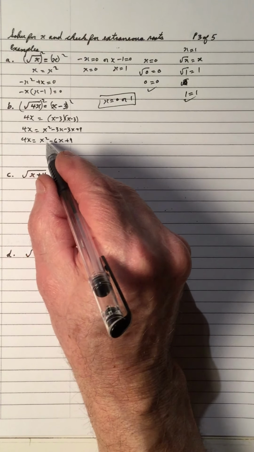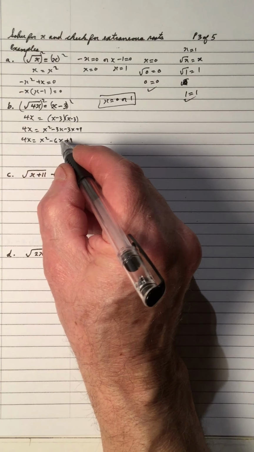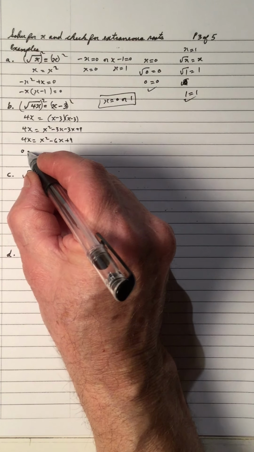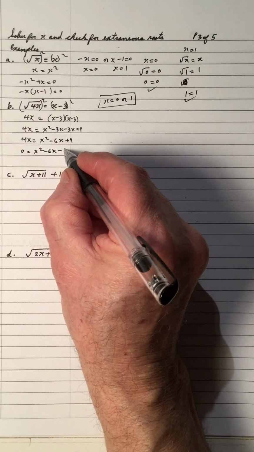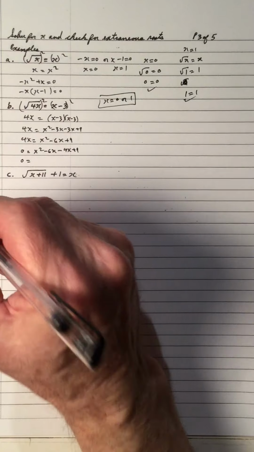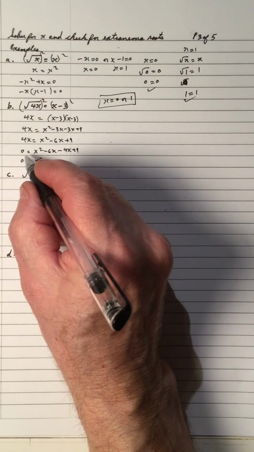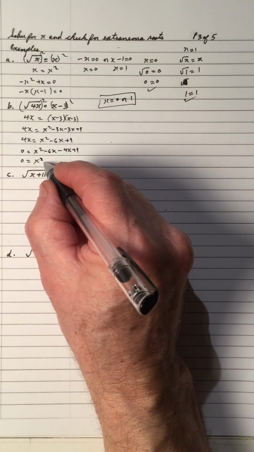And I'm moving the 4x to the left side, but I can leave it there if I want. Let's just leave it there. x squared minus 6x minus 4x plus 9. So now I've got the 0 on the left side. You could also have it on the right side, either or.